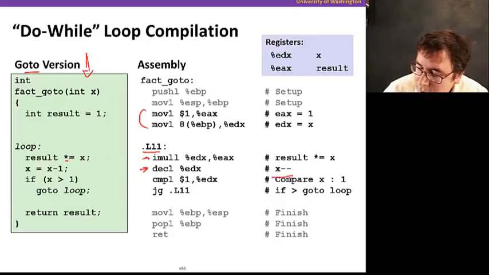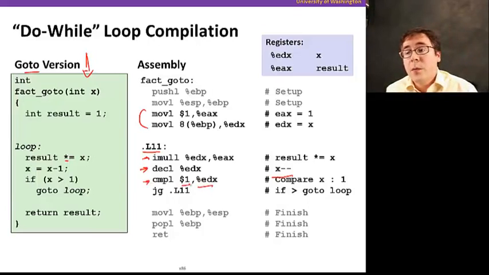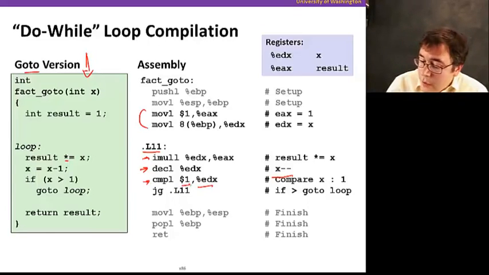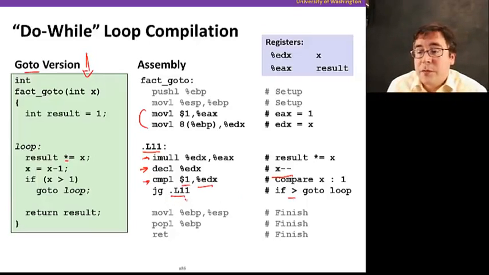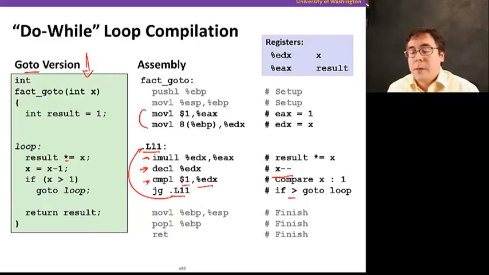We are decrementing x with this instruction. And now we're comparing how EDX compares to 1. If this comparison says that EDX is greater than 1, we're going to execute the loop; we jump to .L11, which jumps back here. Otherwise, we're going to jump out of the loop. That's pretty simple, right?